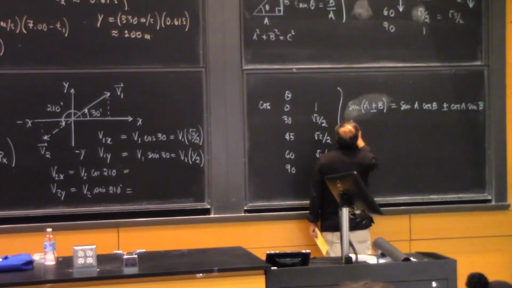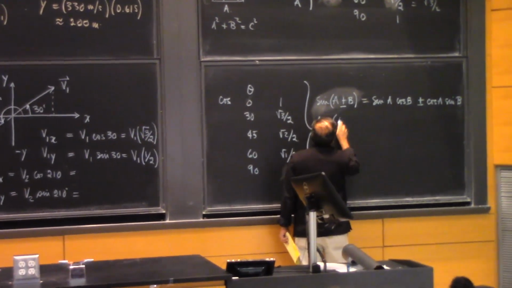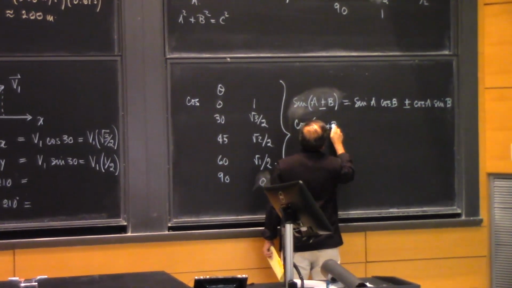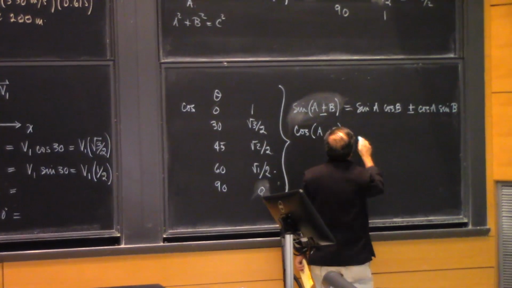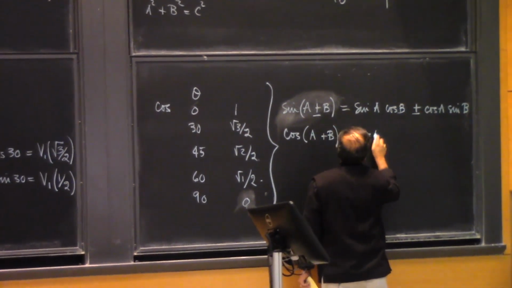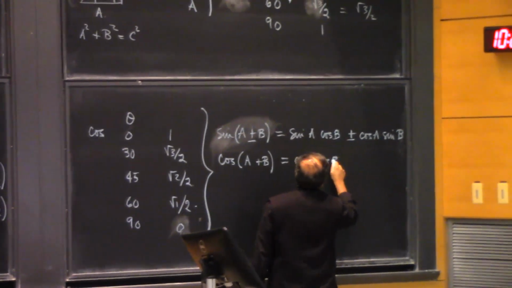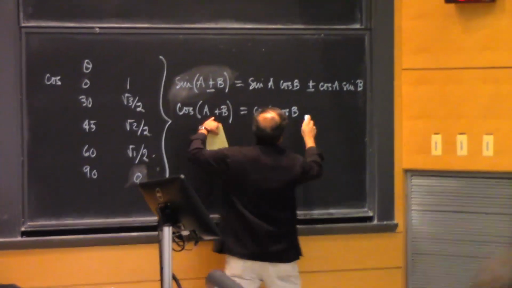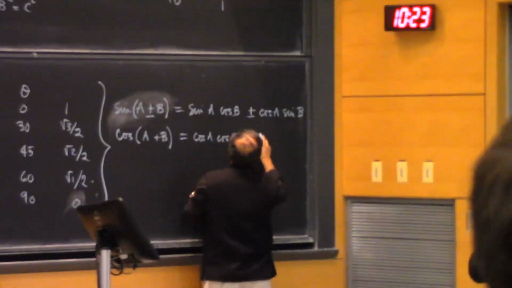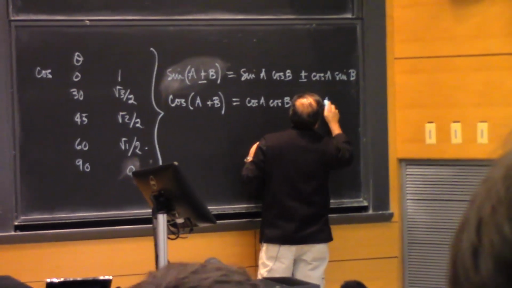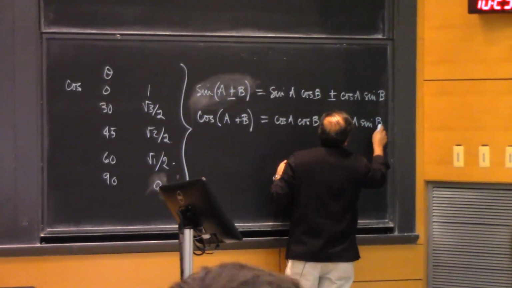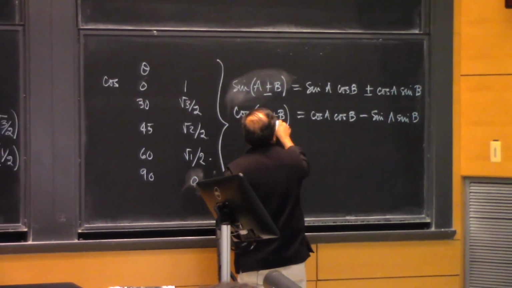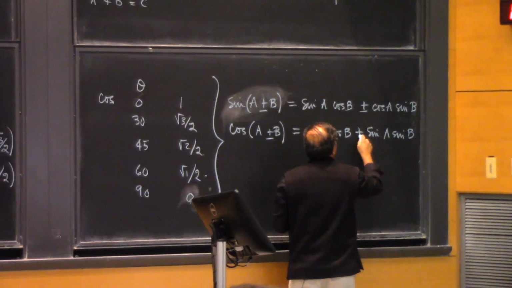Similarly, you also need to remember cos A plus B. This one is different. This one is cos A cos B, but when this is plus, you stick a minus sign here. And see, the pattern is different, sine A sine B. And when you have a minus here, this becomes a plus.